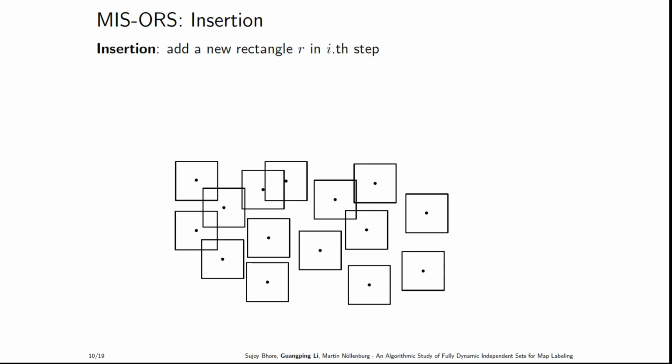For insertion, it's quite similar. To insert a rectangle R, we have to detect whether R can be included in the solution set M. We could do that by querying the range R2 in this solution set tree Tm.